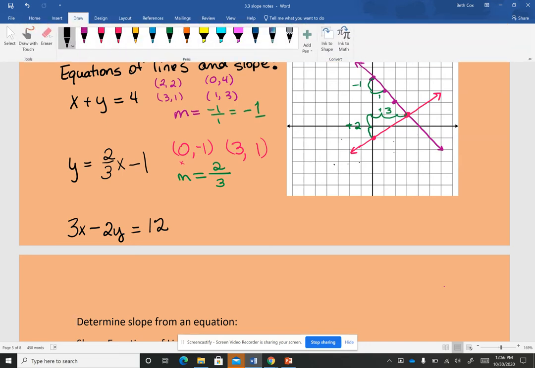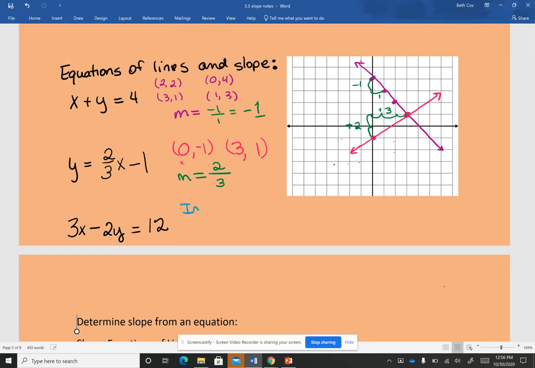Let's do the last one. For this one, we like to do intercepts. Do you remember doing that? We did intercepts with color blue. The intercepts are the points where we have 0 for the x and figure it out, and then 0 for the y. Instead of just one point, we did two.